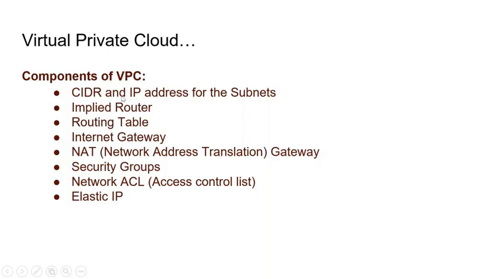With a VPC we get CIDR and IP addresses for the subnets. We get an implied router, we get a routing table, we get an internet gateway and a network address translation gateway. We'll understand each one in coming sessions. Security groups we already know, and NACLs we have just familiarized ourselves with; we'll understand those in coming slides. And elastic IP, we learned about it in our last session as well.